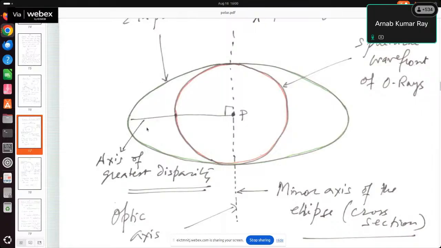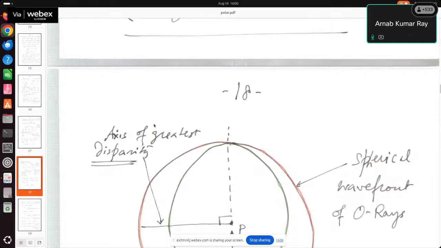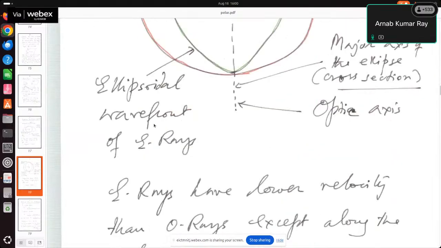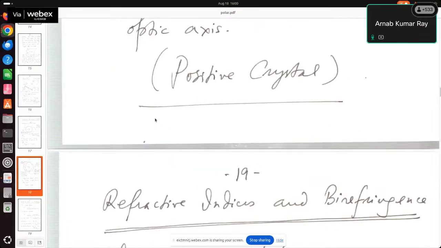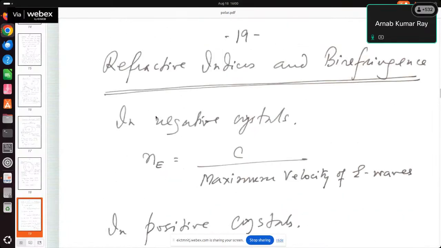You can see that the speed of O rays is less than the speed of E rays along this major axis, which means that the refractive index of O rays will be greater than the refractive index of E rays, because refractive index is inversely proportional to the speed with which light is propagating in a medium, right? So E rays have greater speed, therefore its refractive index will be less. O rays have the lower speed, and refractive index will be more.